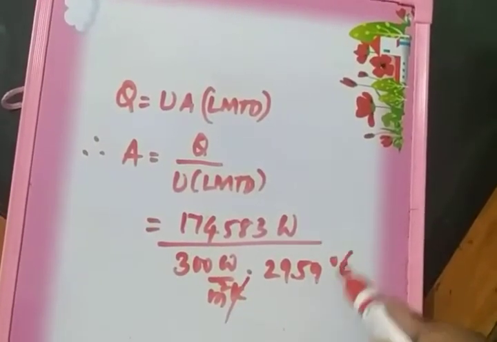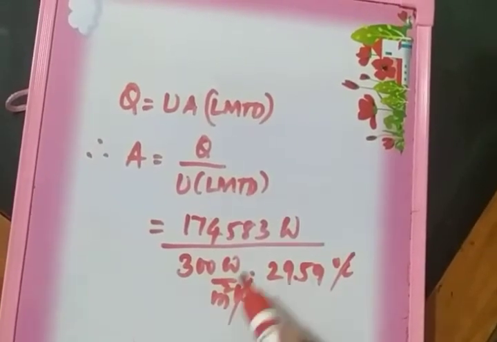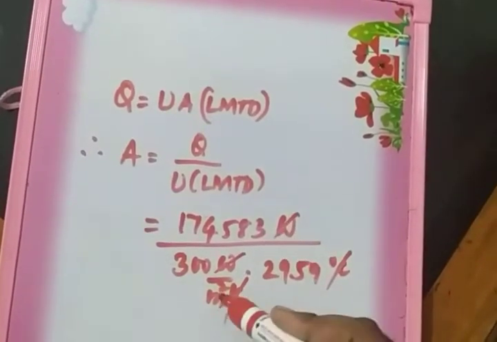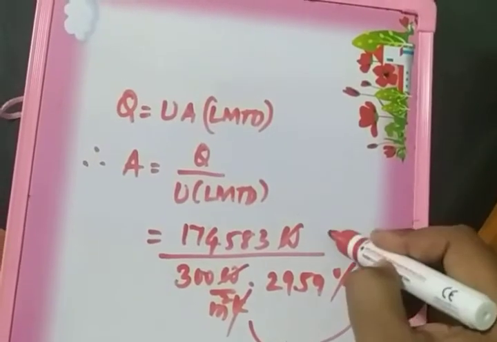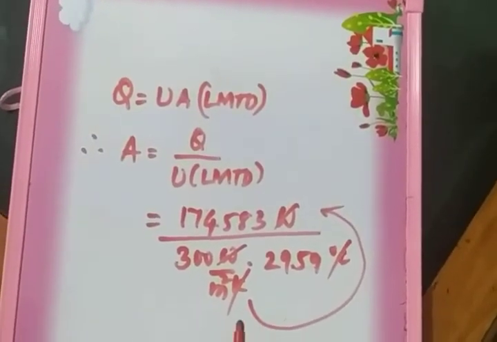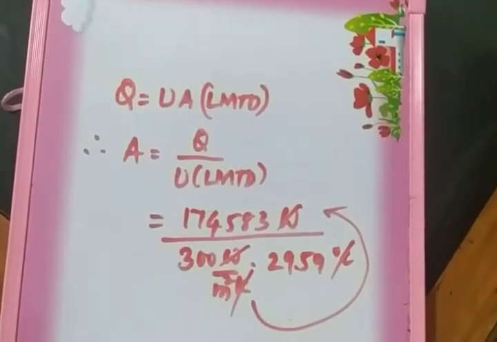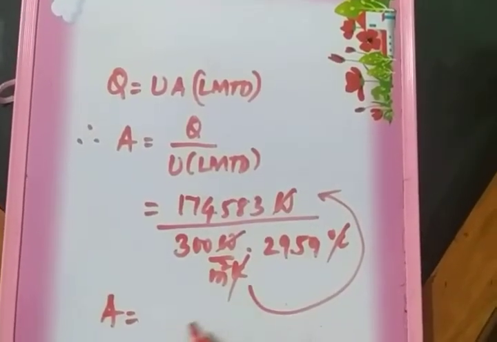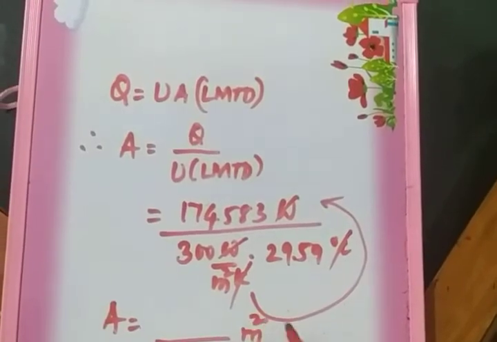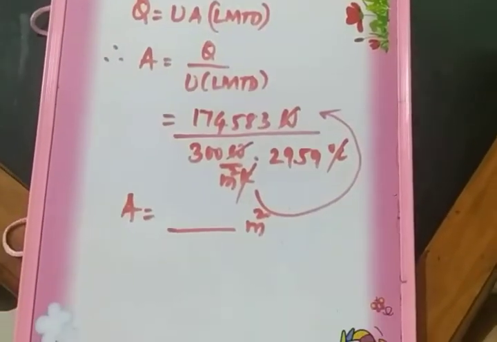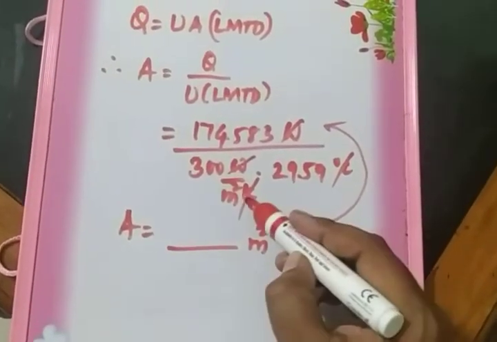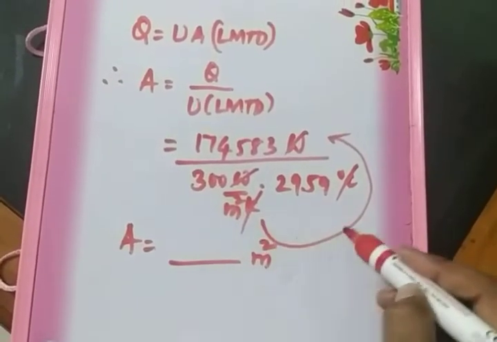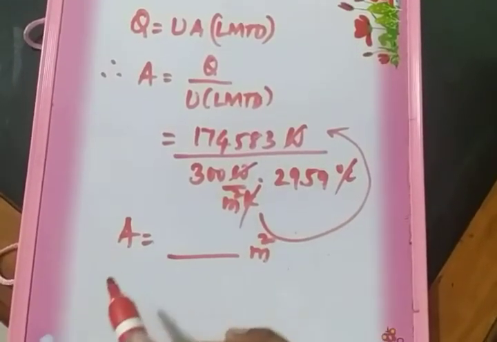The Kelvin or degree Celsius cancels and watt gets cancelled, and meter square moves up, so that is the unit of area. After simplification, you will see the area has a unit of meter square.